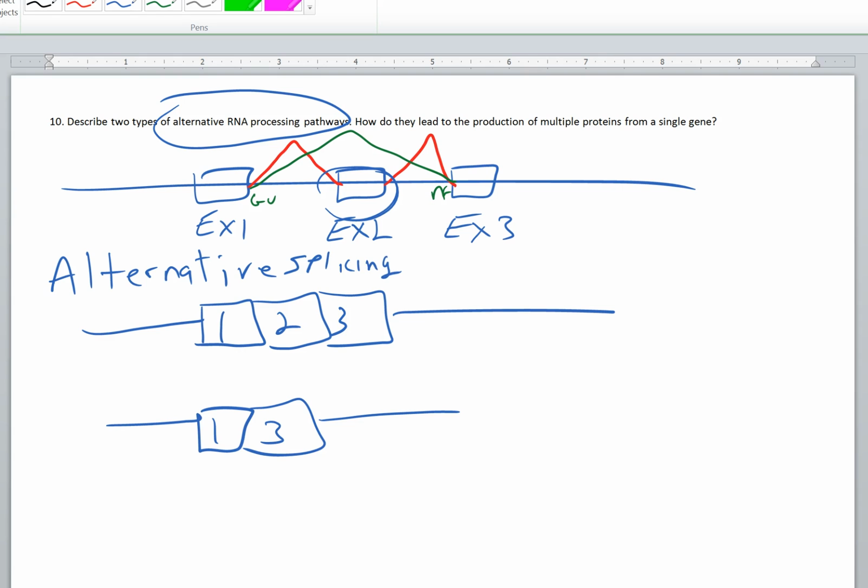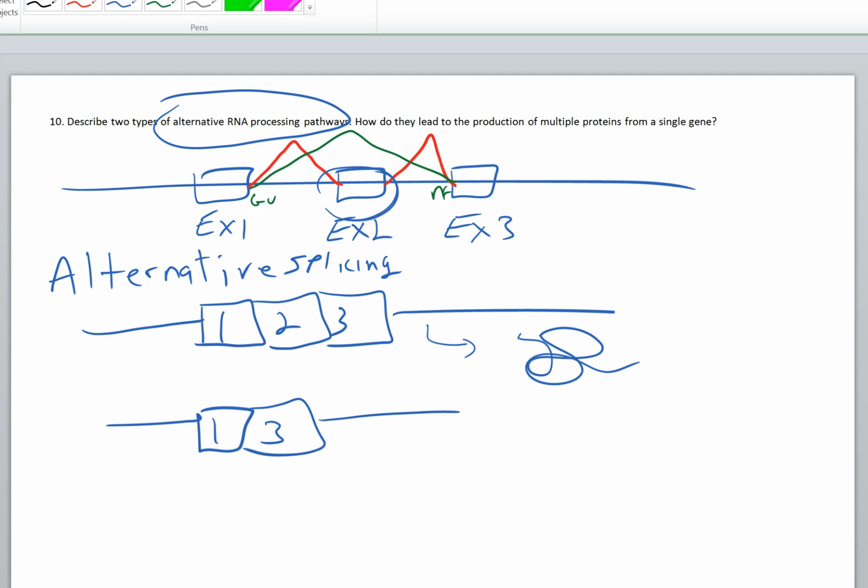And so we have the same gene, but now we've got two different RNAs, and those can give rise to two different proteins. If we translate that, we'll get a protein of a particular length, but let's say we've got a bit in there which is this. Then we have another protein that might fold up differently because it's missing that green part.